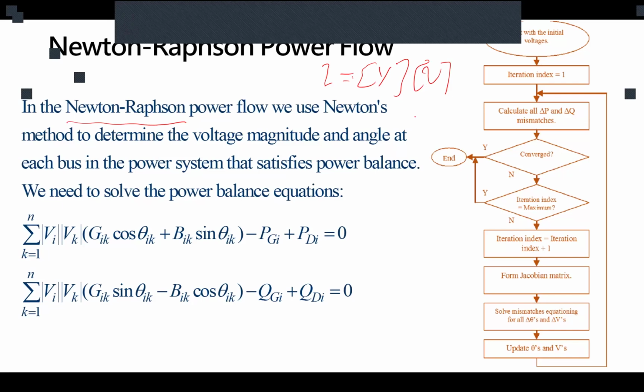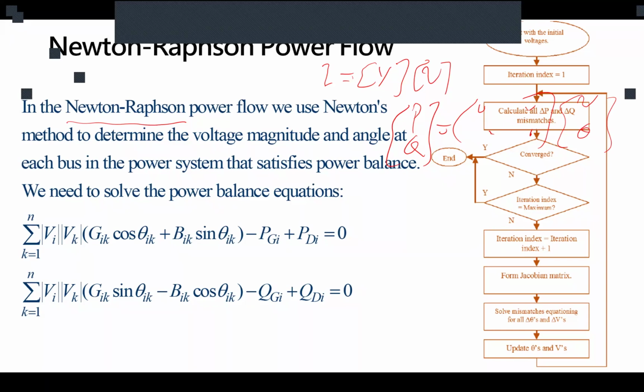Or in general, PQ equal to those admittances and our V and thetas. Okay?